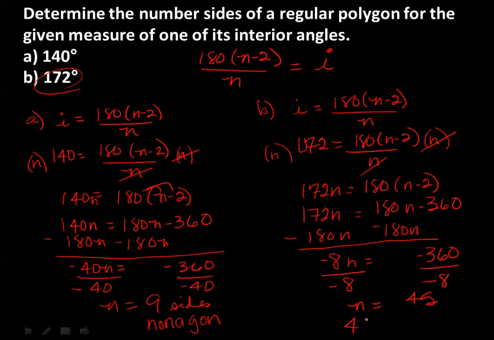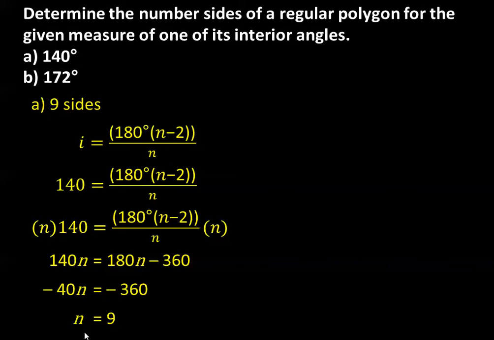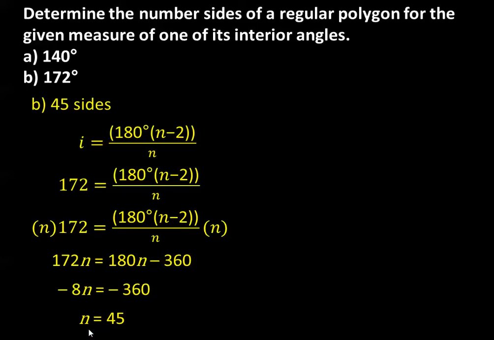So that means this is a 45-gon, a 45-sided polygon. That's big. Here's your official answer. For A, n equals 9. It had 9 sides. For part B, it had 45 sides. Kind of showed you here how I worked it out.